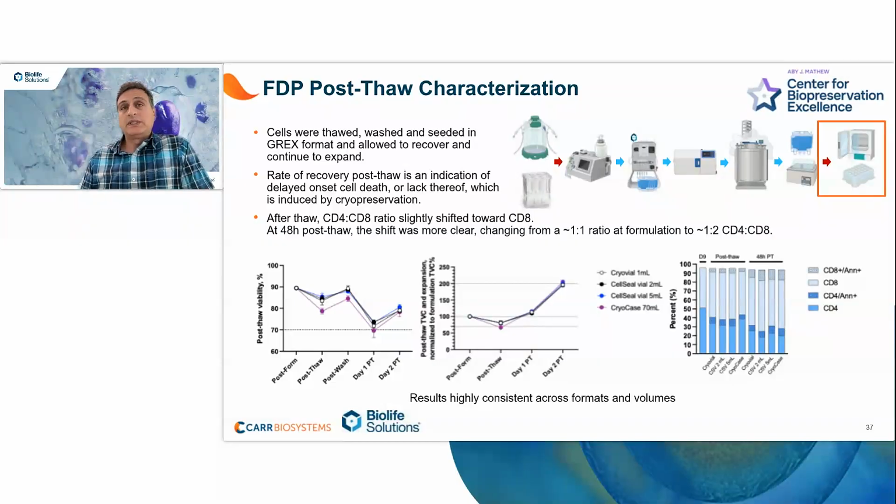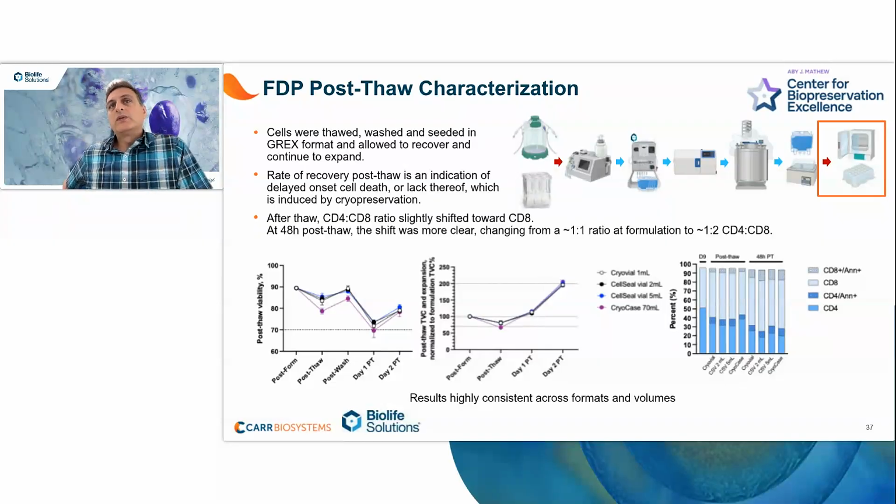So basically doubling from day one post-thaw to day two post-thaw, which is amazing. And one thing to note is how closely all of these formats, regardless of their volume, actually perform. So this is really nice. Basically it confirms that the assessment and the optimization work that we did worked really well with this type of cell product.